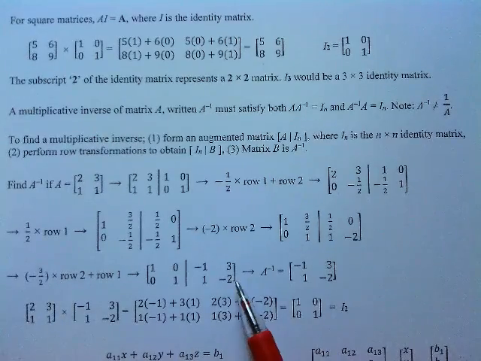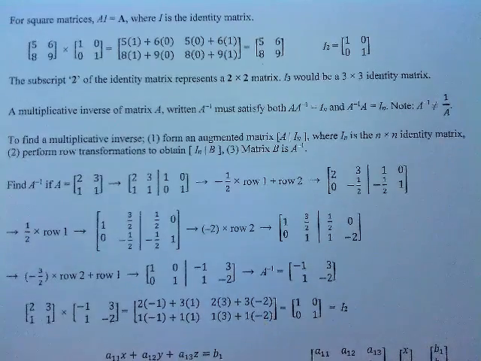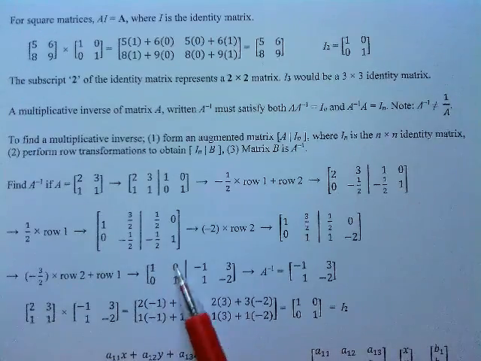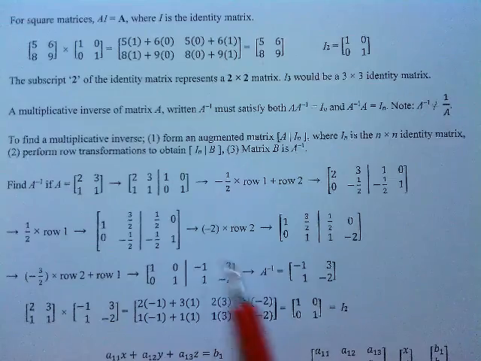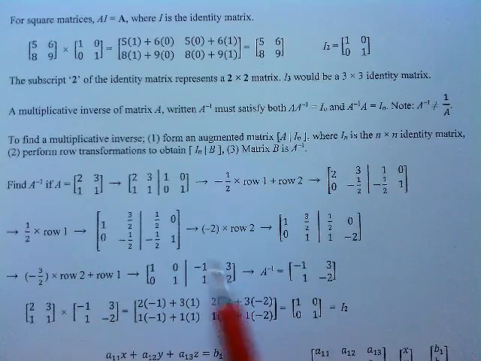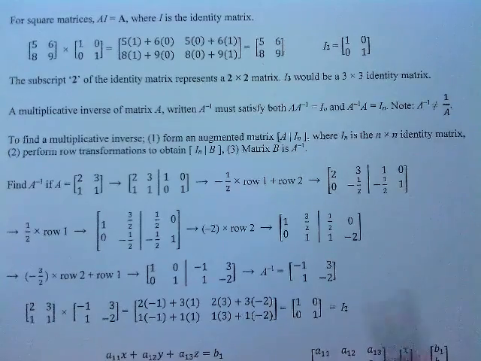Then we have a -3/2 times the -2, which gives me a negative times a negative, so that's positive 3, added to the 0 gives me a 3 out there. Now note this is 1, 1, 0, 0. This is now our matrix inverse: negative 1, 3, 1, negative 2.